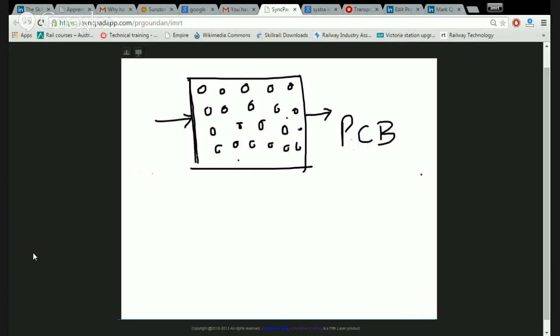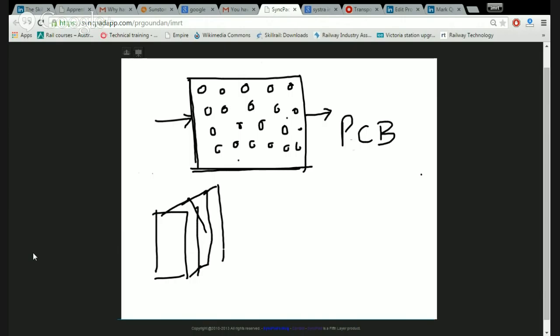This is a basic unit. Like this I manufacture many modules and I put them in a system, then I make it in a box and say, okay, this is my electronic instrument or entire equipment. So the basic module is a printed circuit board.